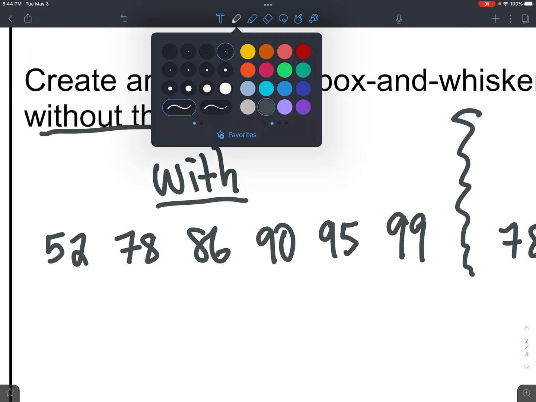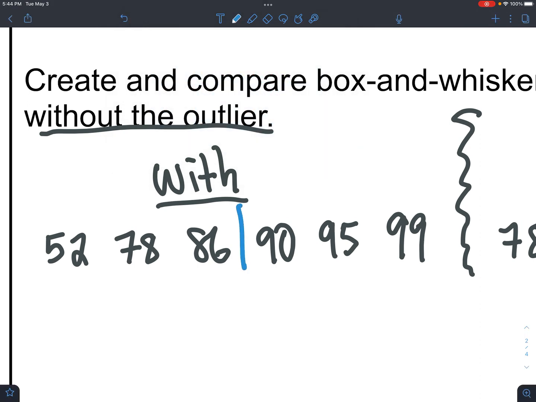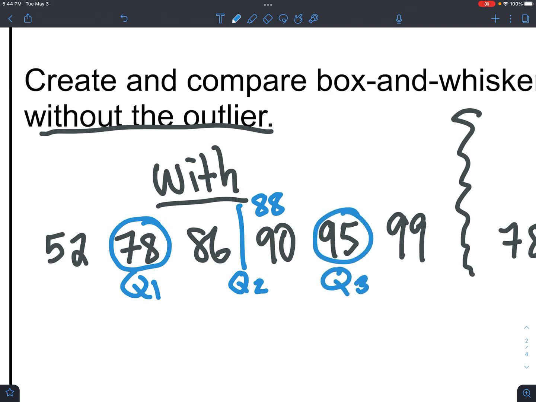So there's 6 data values. So the median is right here, Q2. Let's put that word down there, Q2, and that would have to be 88, right? Because it'd be halfway. And then you have a bottom set and a top set. Bottom set, top set, they both have 3. So I know that this is my Q1 and this is my Q3. And then of course we have our min and max.